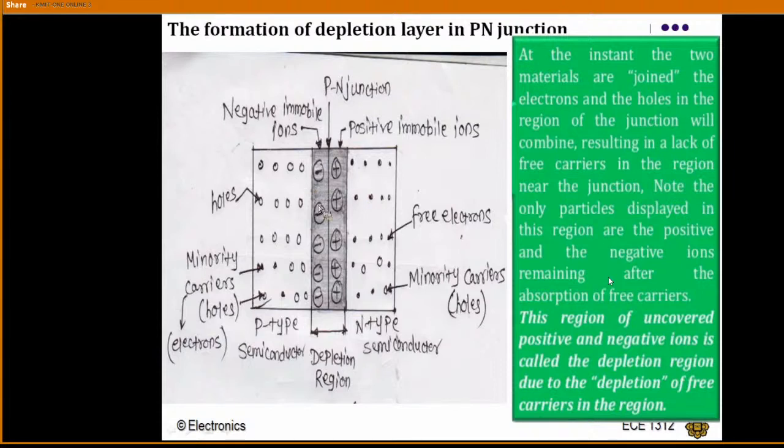Okay. Now where is the drift current? Drift current is, now see, this is the barrier, the depletion region. Due to this depletion region, majority charge carriers are not able to move to this side. But minority charge carriers can move.